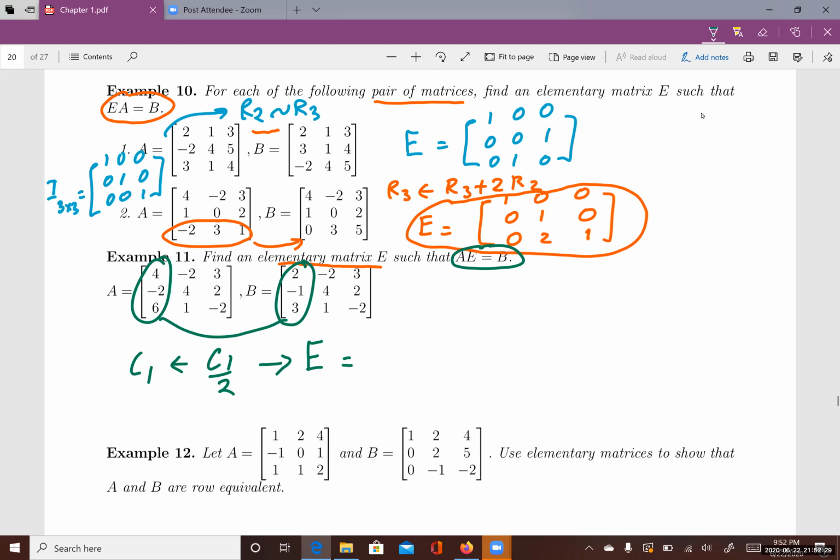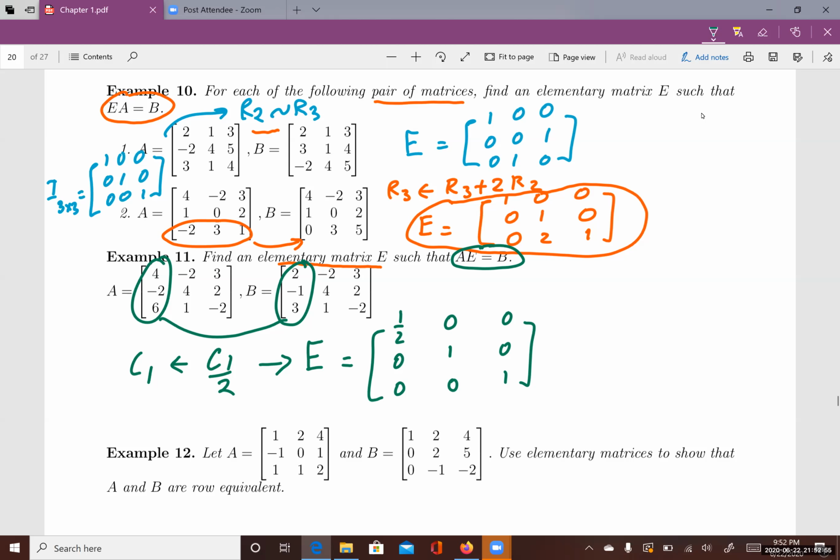And again, you take 0, 0, and then the second column and the third column should stay the same. All right, this is how you find the elementary matrix to represent row operations.